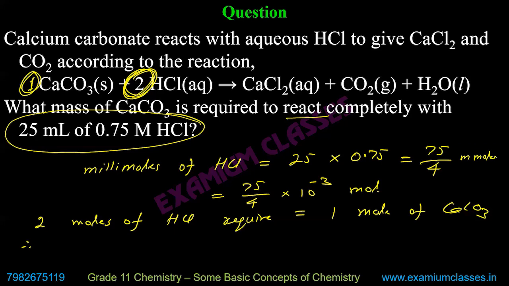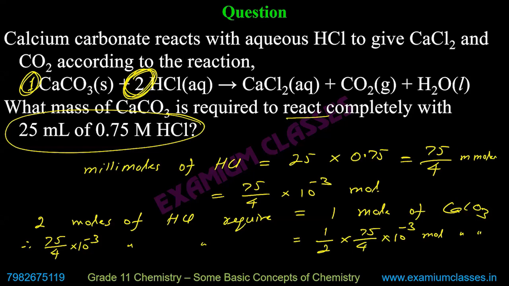Hence, 75 by 4 into 10 to the power minus 3 moles of HCl will require 1 by 2 into 75 by 4 into 10 to the power minus 3 moles of calcium carbonate.